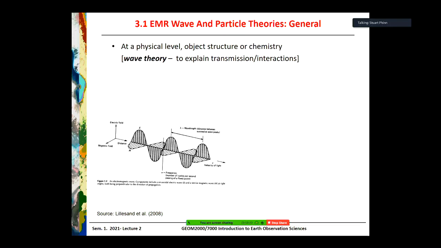On one hand, we can use wave theory to explain how physical light, sunlight, interacts with features in the environment. The blue sky example is a good one there, where we can use wave theory to explain why the sky appears blue if it's clear and there aren't many pollutants. Well, you've got sunlight coming in with its blue, green and red light, or basically photons, all that energy combined together.